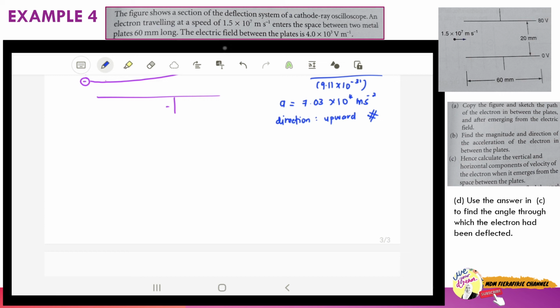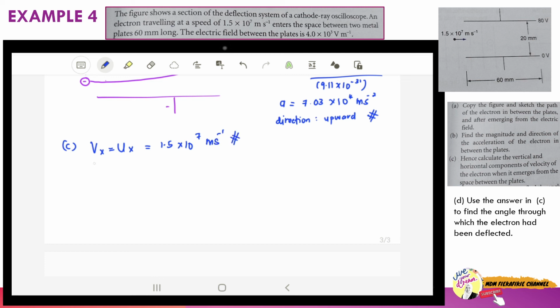Now part C. Calculate the vertical and horizontal components of velocity of the electron when it emerged from the space between the plates. So we want to find what is Vx and what is Vy. Since we know that Vx is equal to Ux and it's given in the question, the answer is 1.5 times 10 power of 7 meter per second.